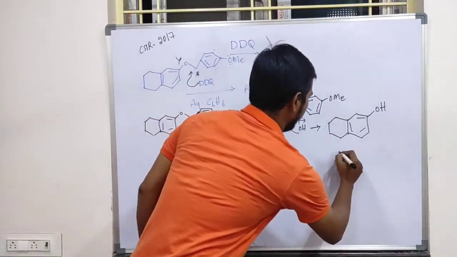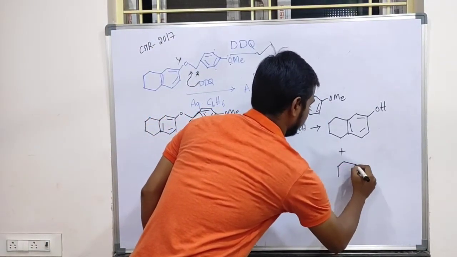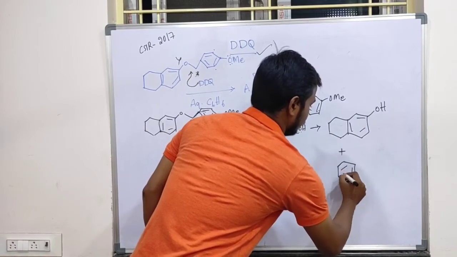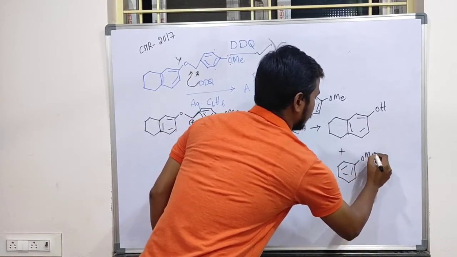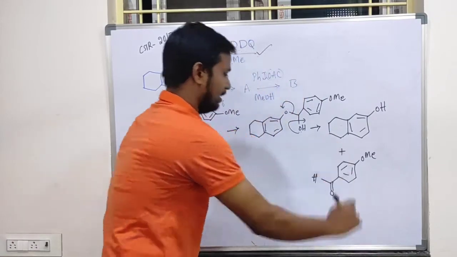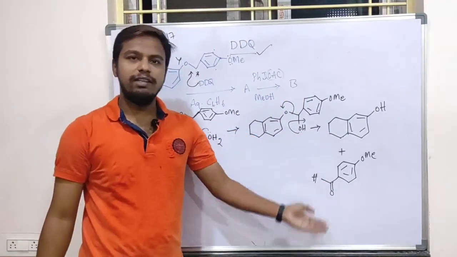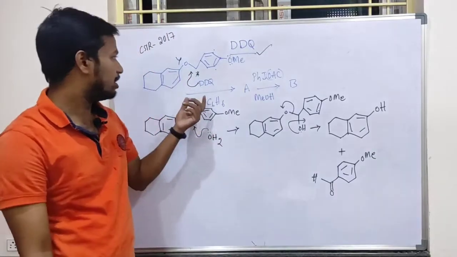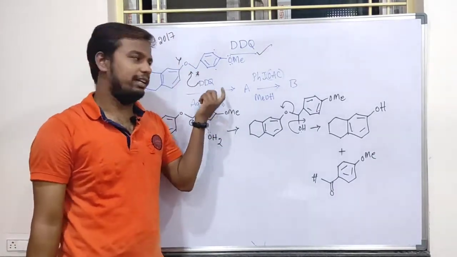So here we will be getting, plus, an aldehyde group. Okay, these two are the products formed after the reaction of the species with DDQ.